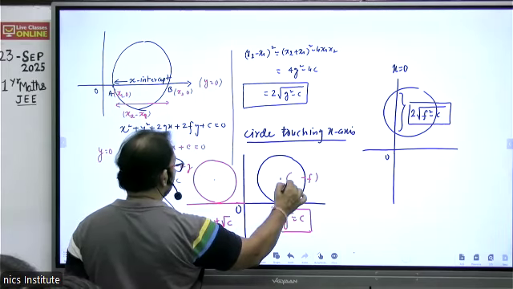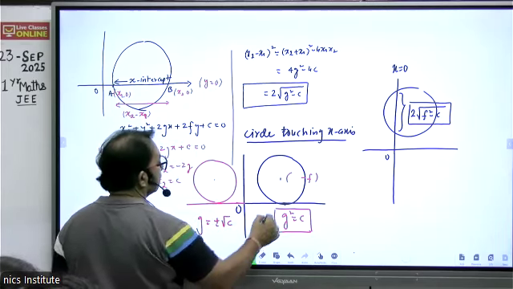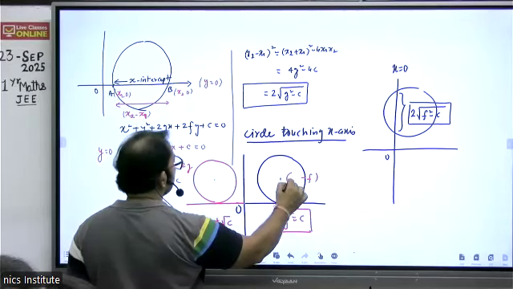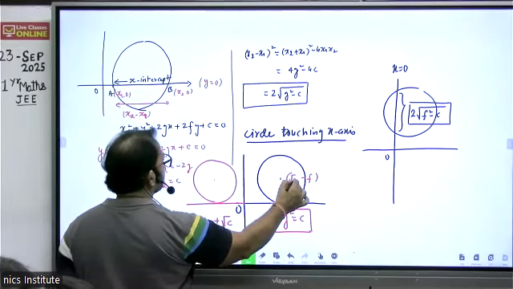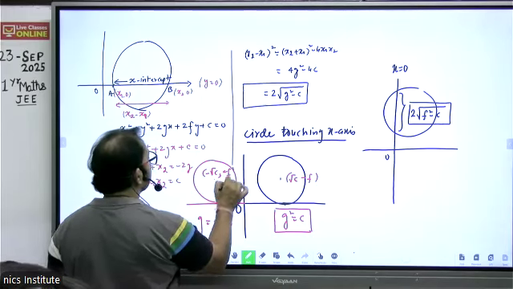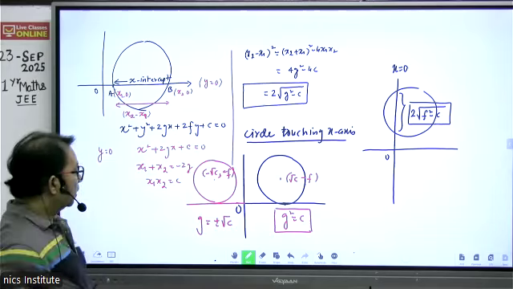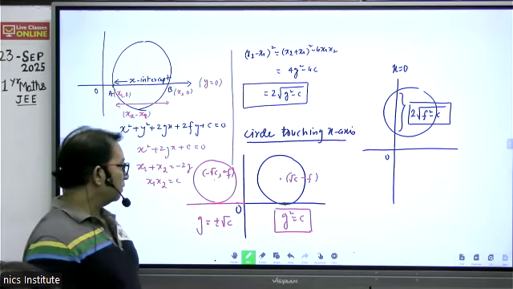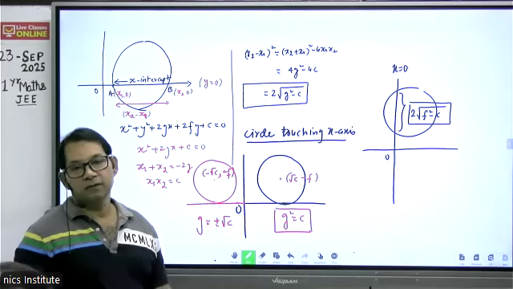The centers would be (root c, minus f) and (minus root c, minus f). So when a circle touches the x-axis, there'll be two answers.